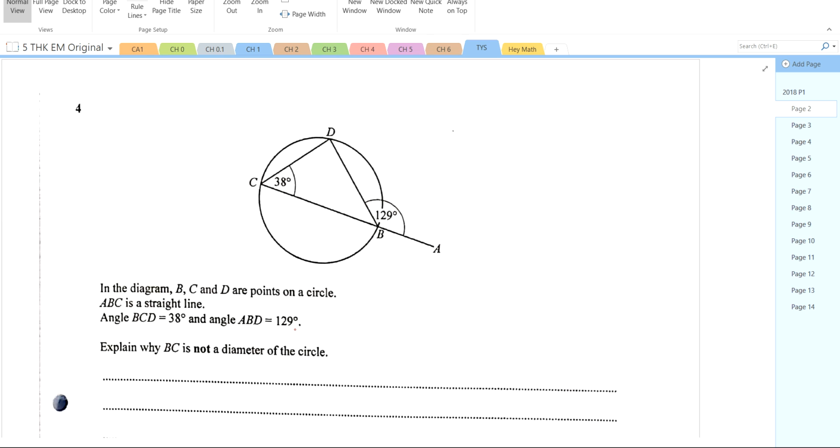If you do not know how to start, then fill in whatever you can first. What are the angles that you can find? CBD, okay. This will be how many degrees? 180 minus 129, right? So that'll be 61 degrees.